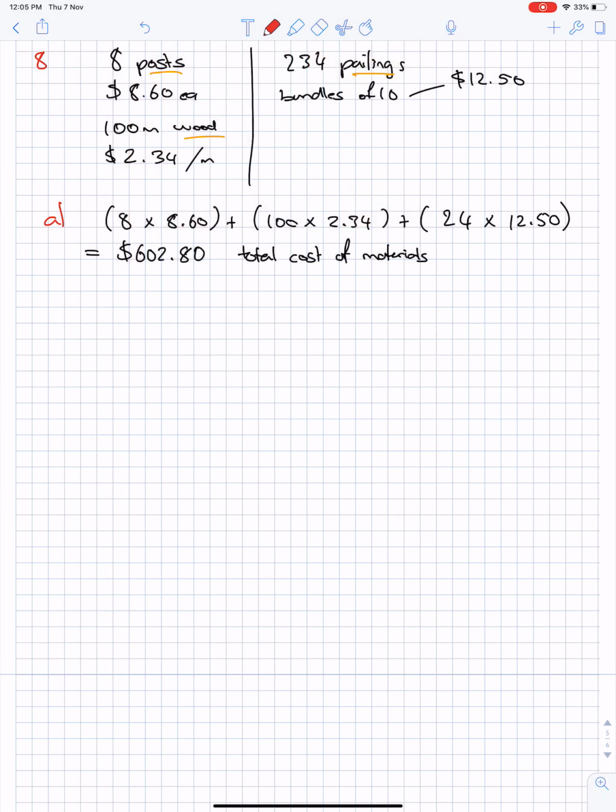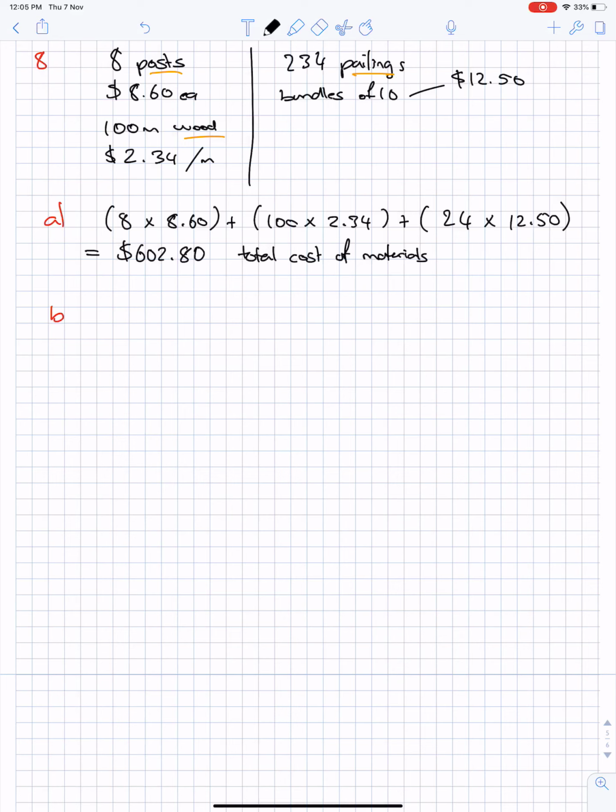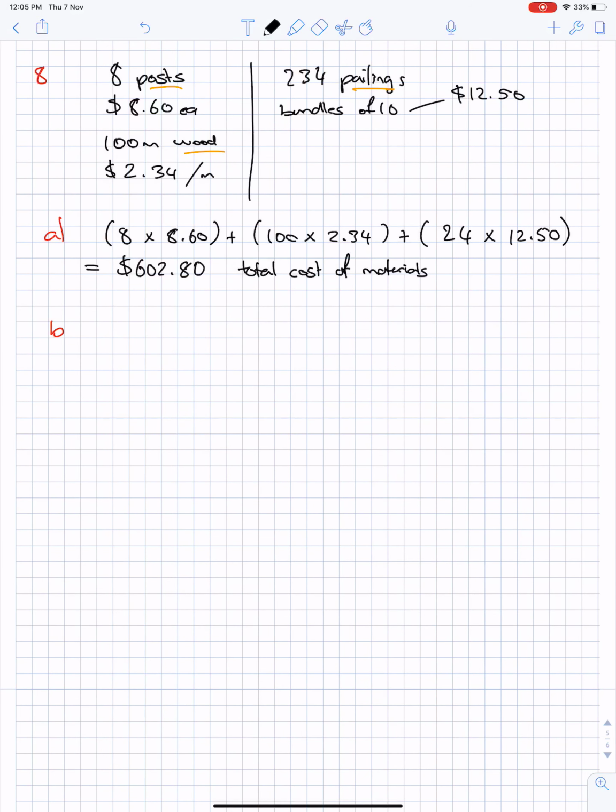B, a friend offers to get him the material at cost price. If the markup was 25%, find the cost price. So that's just 0.8, right? Because you have 100 subtracted by 20%. Oh, sorry, it says 25%. My bad.